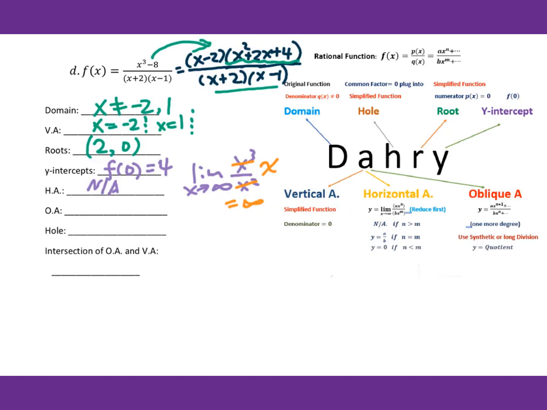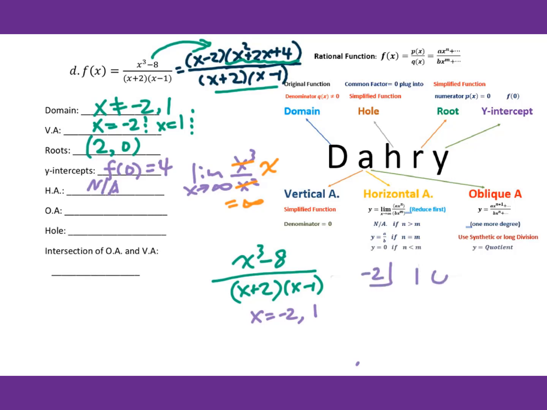For the oblique asymptote line, you can use long division or synthetic division. For synthetic division, put the root in the corner, so we get the roots negative 2 and 1. Then no missing power. You will get 1, 0, 0, 8.